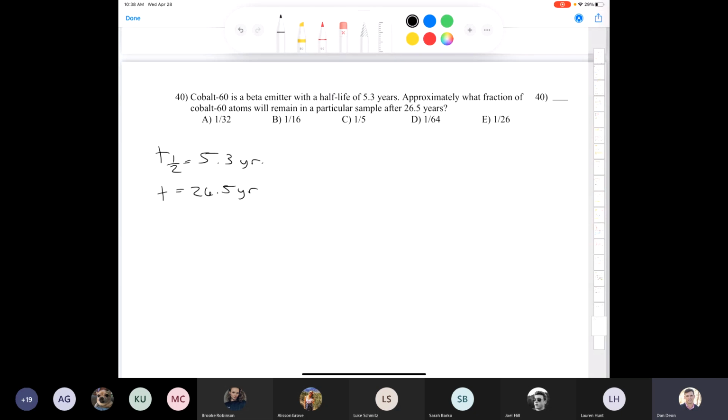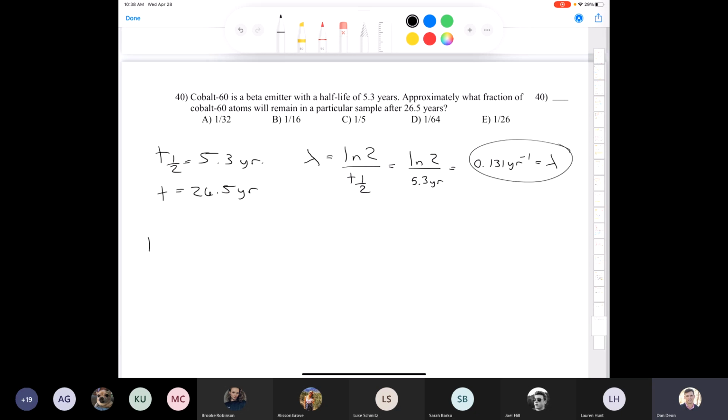In order to solve this problem, we need to have our decay constant. The decay constant is equal to the ln of 2 over the half-life. We get the ln of 2 divided by 5.3 years, which gives us 0.131 years to the minus 1.